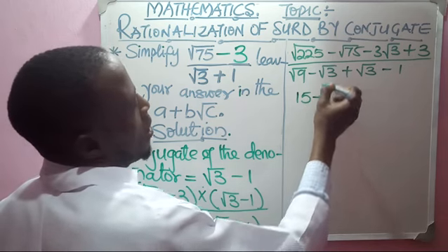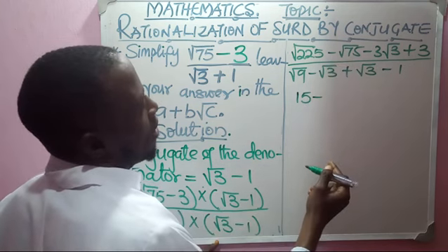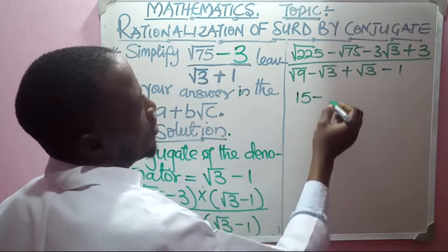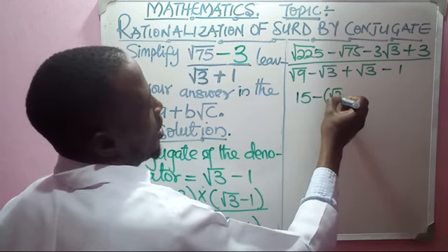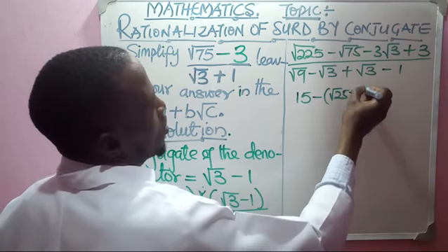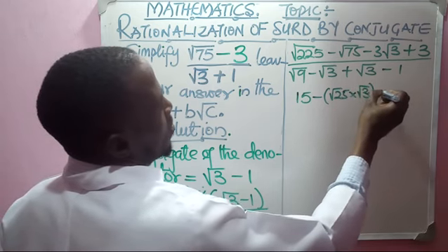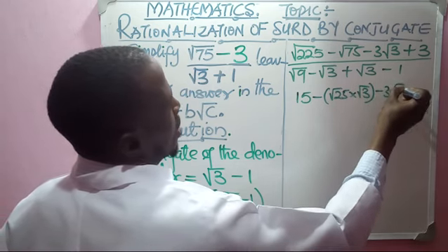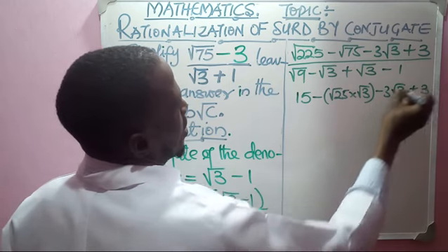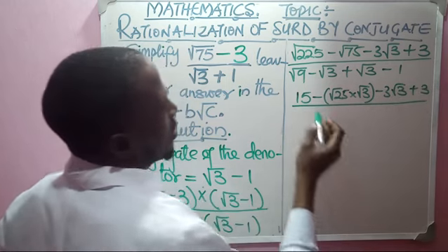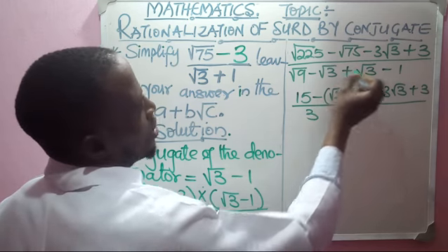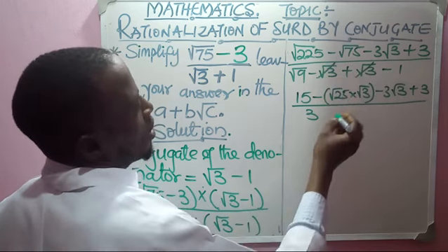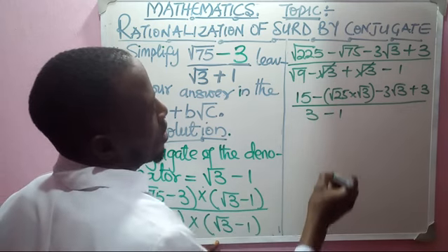Then minus root 75 is the same thing as minus root 25 times root 3, minus 3 root 3 plus 3, all over root 9 is 3. Then minus root 3 plus root 3 will go, so I now have minus 1.